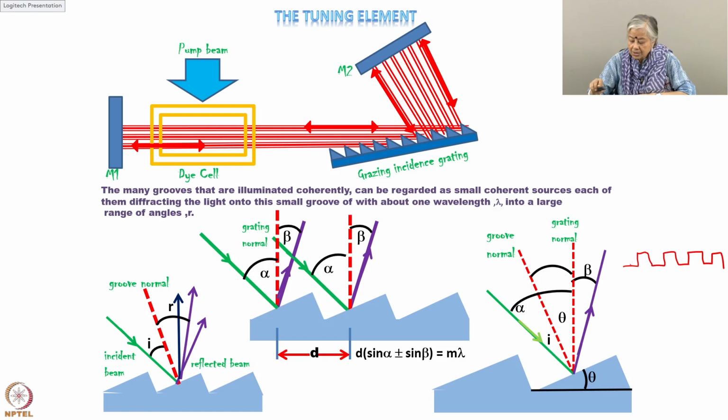Okay, so what you have to just know is the difference between the groove normal and the grating normal, and this angle is called the Blaze angle. Okay. It is called the Blaze angle. That means quite often, suppose you were to buy a grating for your systems in the laboratory, you have to give certain specifications.